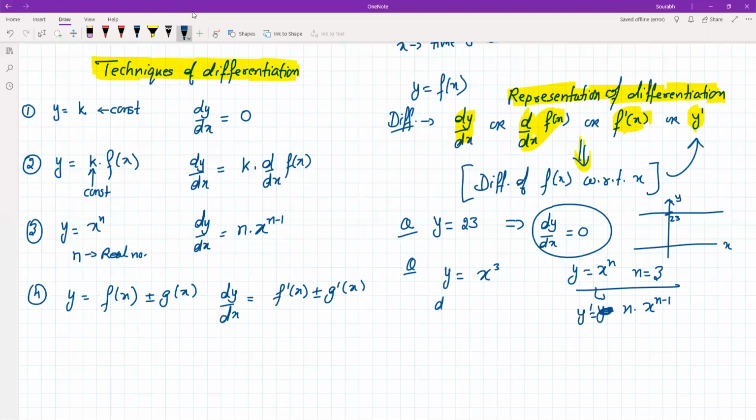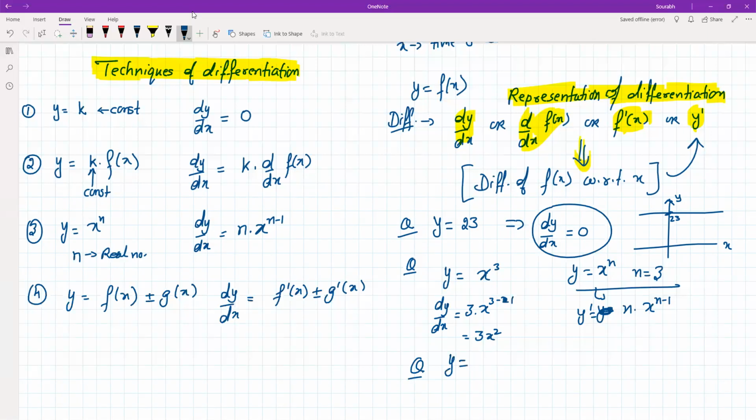So what will be dy by dx here? That will be n, that is 3, into x to the power n minus 1, that is 3 minus 1, that is 2. So that will be 3x square.